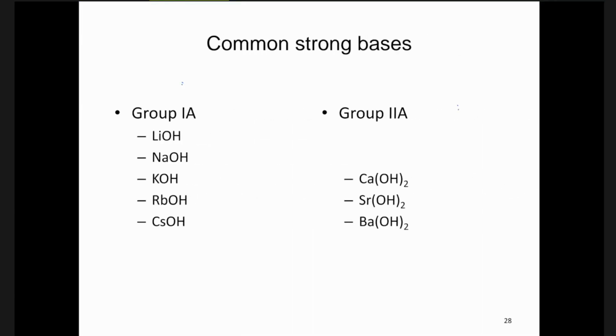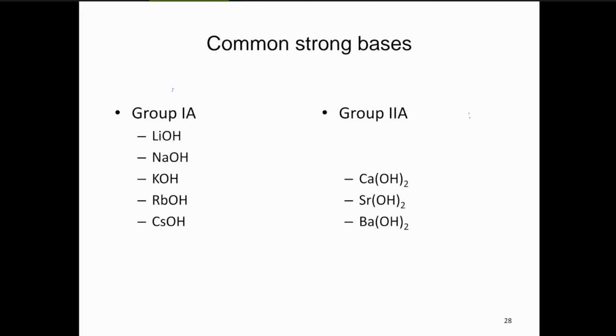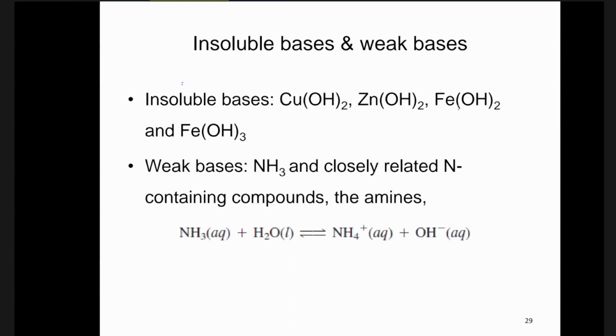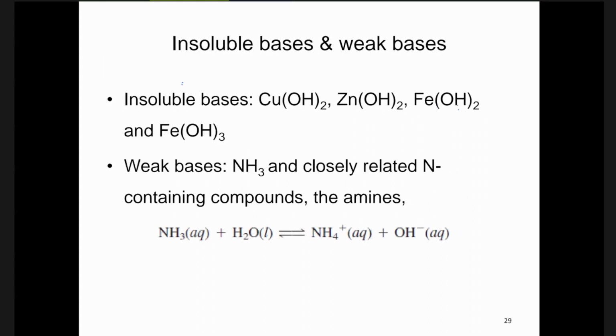You have a strong base. You have some insoluble bases and weak bases. For example, insoluble bases like copper hydroxide, zinc hydroxide, iron hydroxide. You have some weak bases, NH3, or any related nitrogen-containing compound.